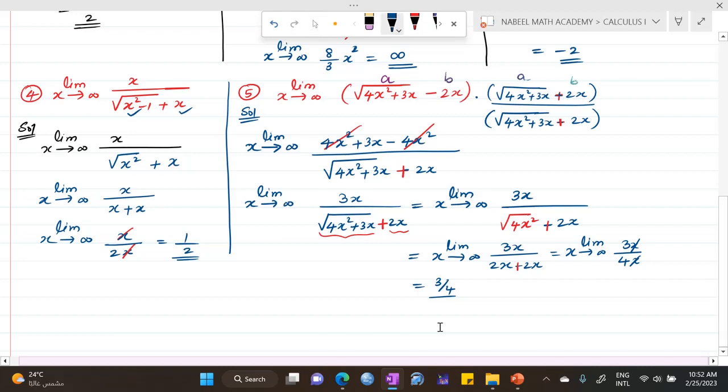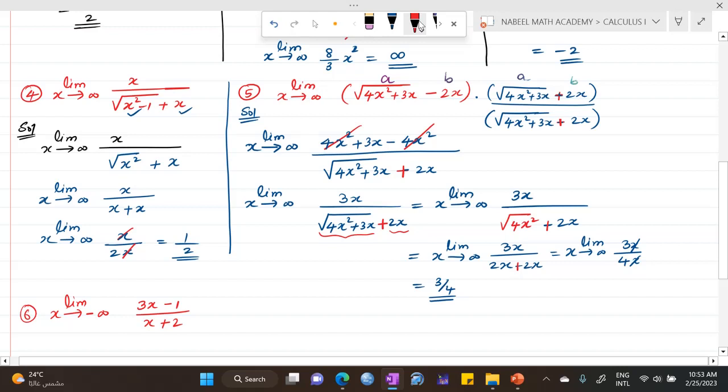Now similarly, if you want to calculate the minus infinity, I will solve one problem in the minus infinity. So limit x approaches minus infinity, and then it is 3x minus 1 over x plus 2.